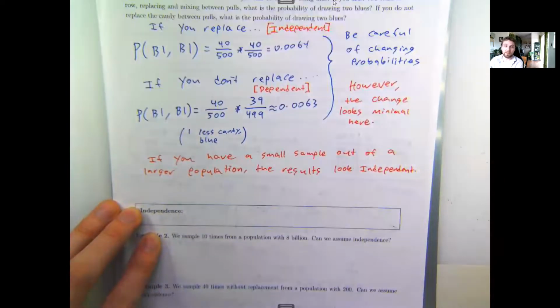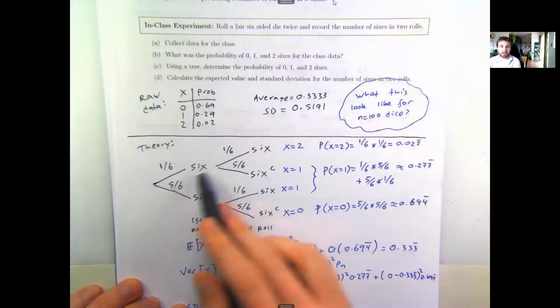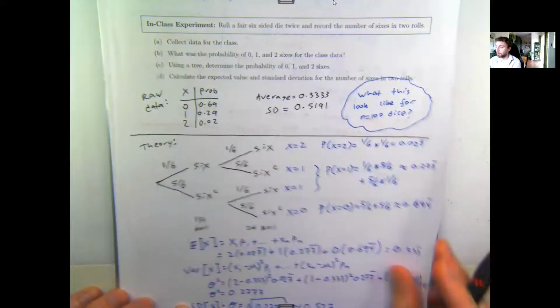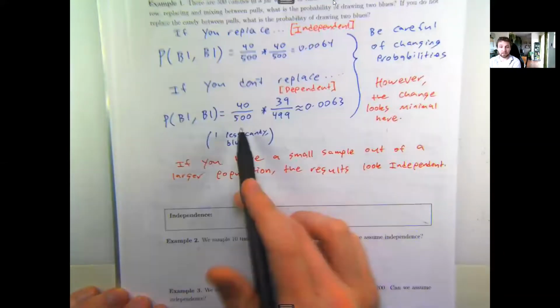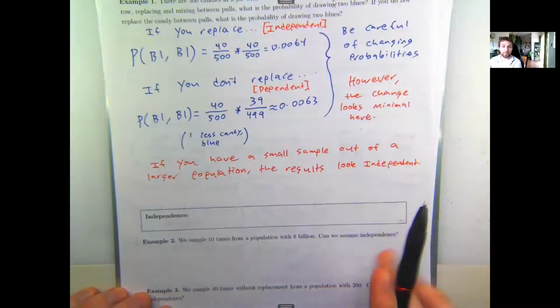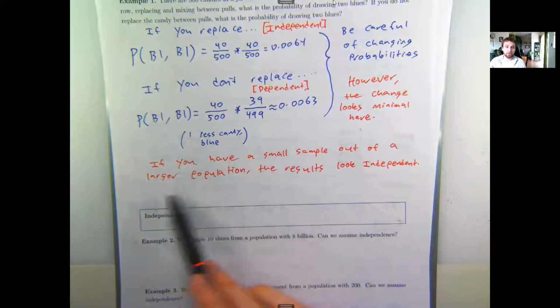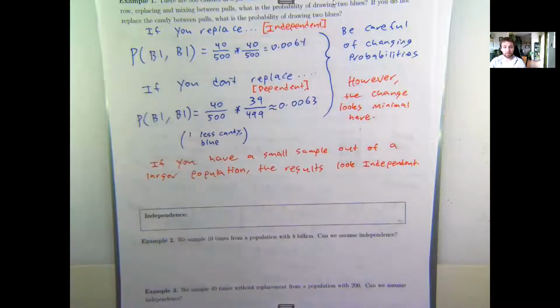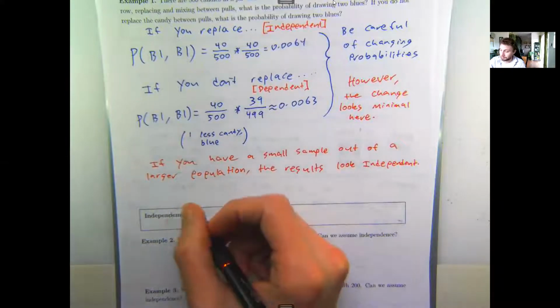So when we're making these trees, if we're wondering, should my probabilities stay the same, like this nice tree that I had on this previous page, or should they change and get messier? Well, if you have a small enough sample and a large enough population, you may as well just do it for the nicer numbers. This is called the 10% rule.